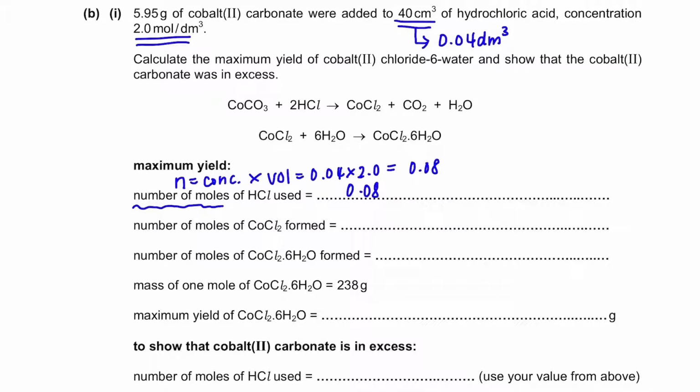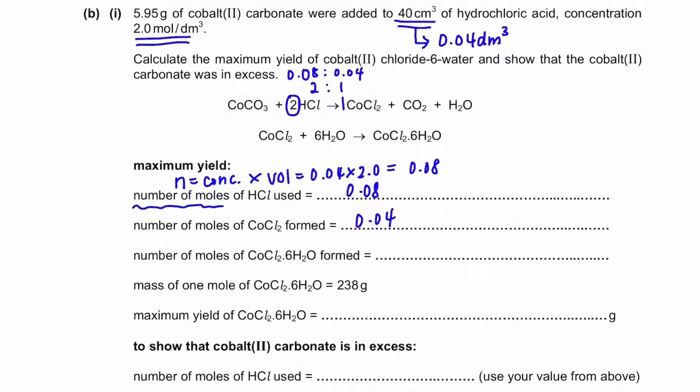Next, number of moles of CoCl2 formed. From this equation given, there are 2 moles of HCl and 1 mole of CoCl2, telling us that the ratio of HCl to CoCl2 is 2:1. Therefore, since we found out that there are 0.08 moles of HCl, there will be 0.04 moles of CoCl2 after dividing it by 2.